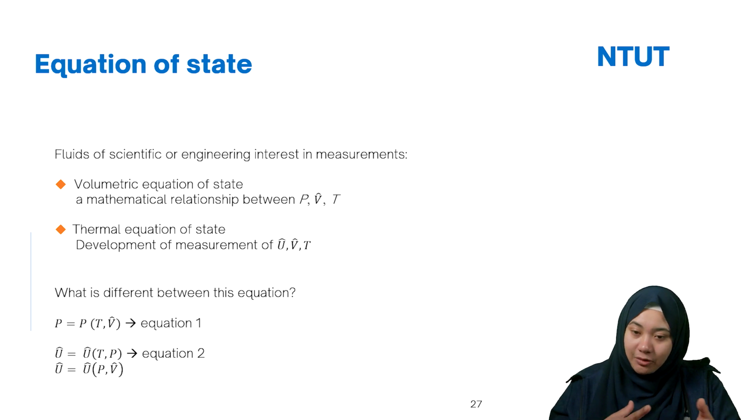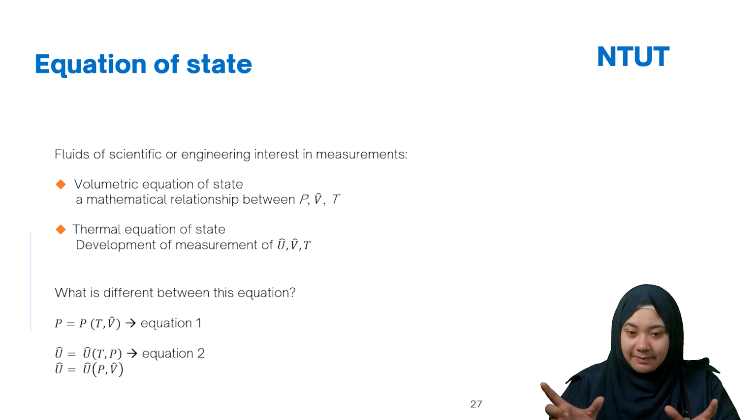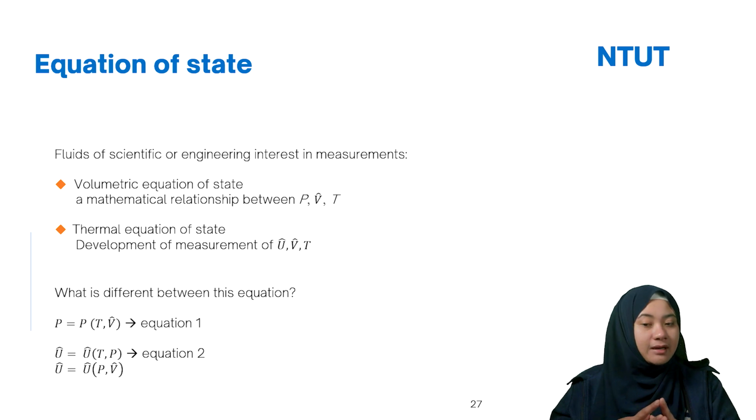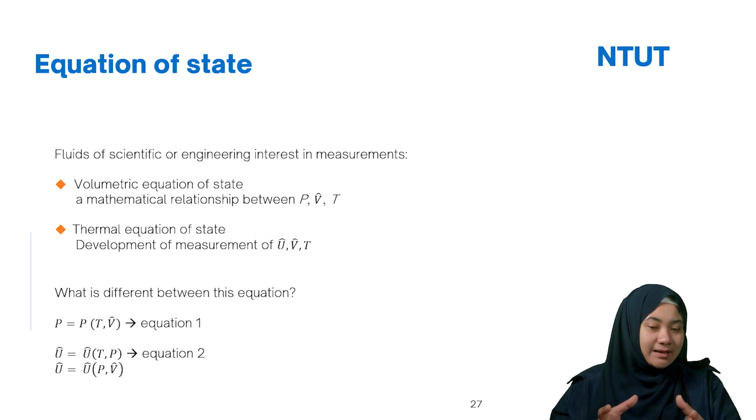And the thermal equation of state uses the internal energy and the volume, and the T. U and V are size dependent, but not T. However, in application, we seldom use the thermal equation of states. The reason is how do you calculate the U?